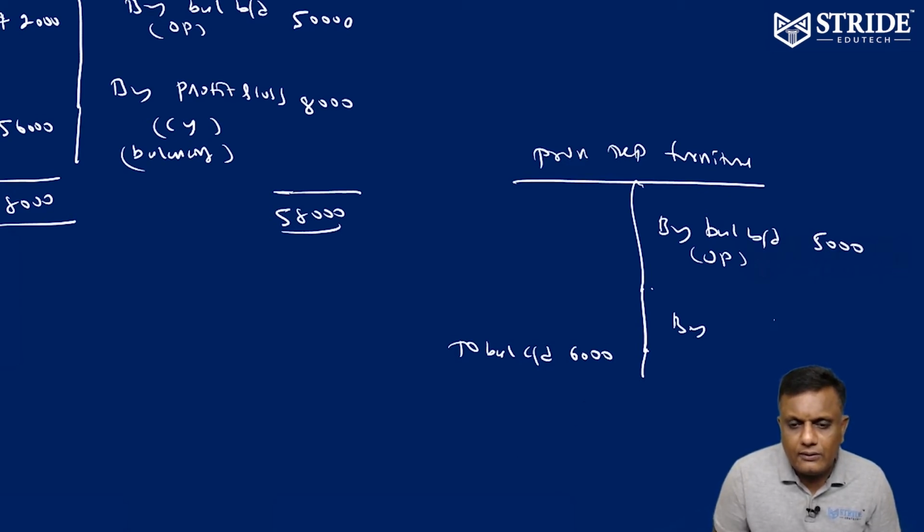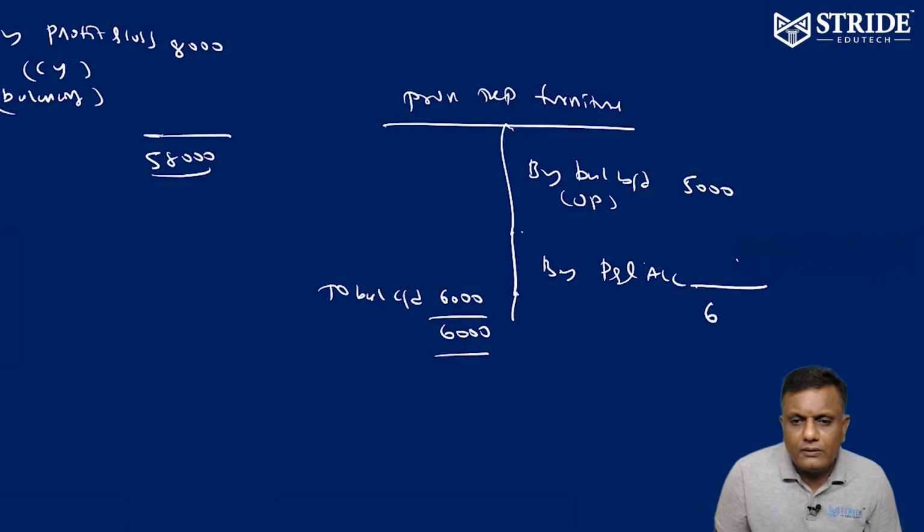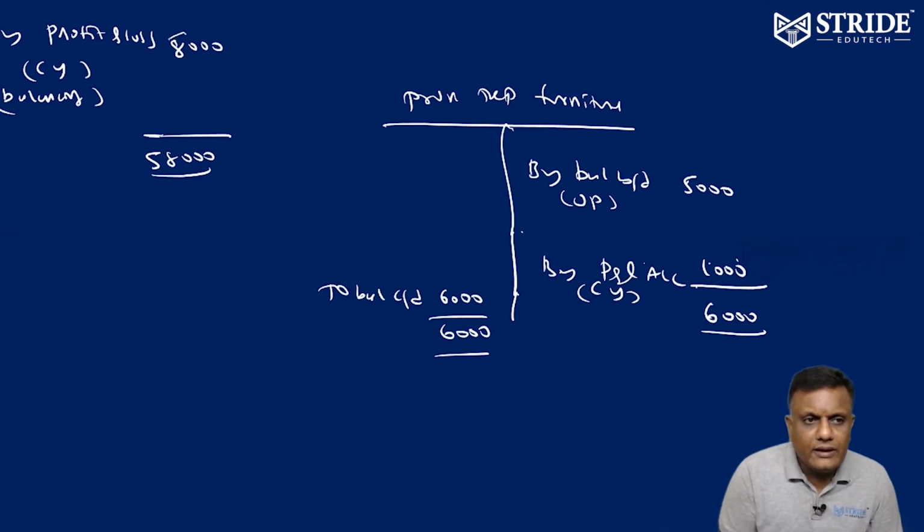So missing figure by profit and loss account, here 6,000, here 1,000 rupees. This belongs to the current year. So current year depreciation here 8,000 for plant, for furniture it is going to be 1,000.